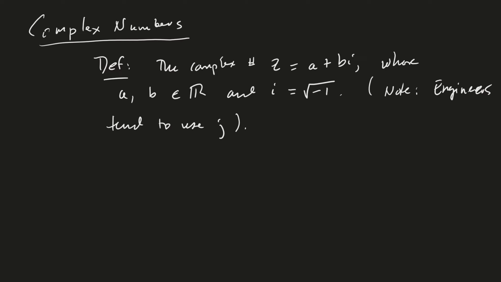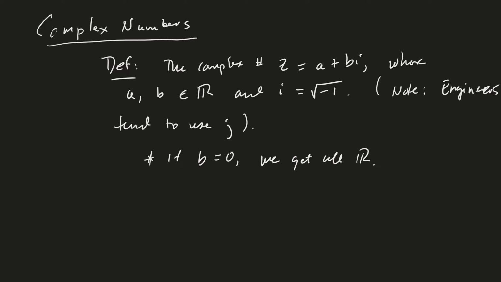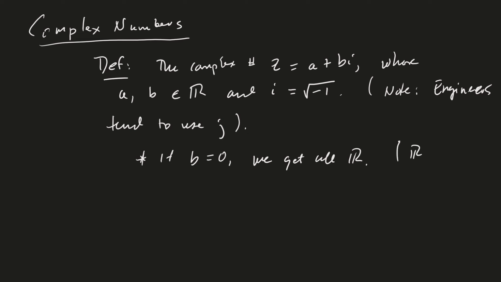So what are some implications of this definition? Number one is that if b is equal to 0, then we get all real numbers, right? And so therefore we can think of the complex numbers as being like a superset of the reals. The reals are contained within the complex number system.